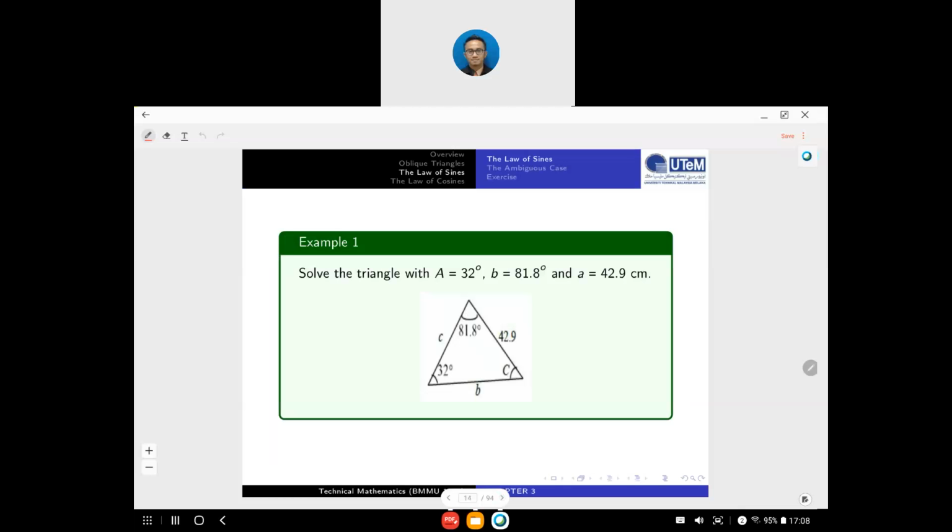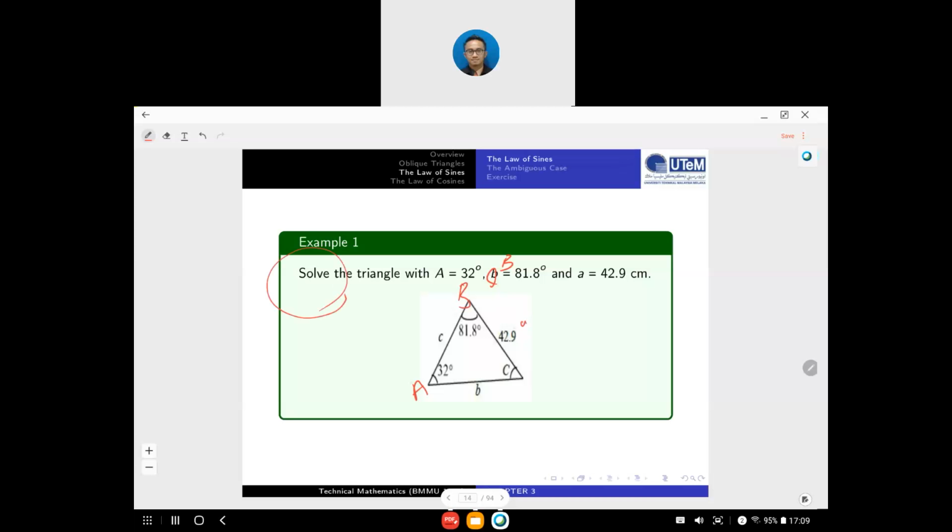Now looking at the example. Solve the triangle with A equal to 32 degrees, B equal to, this is actually capital B, 81.8 degrees, and a, which is the length a here, is 42.9 cm.